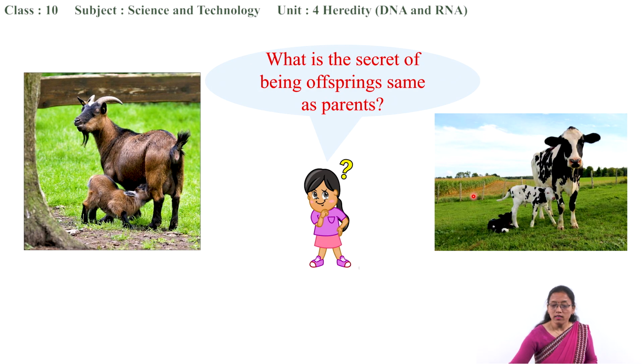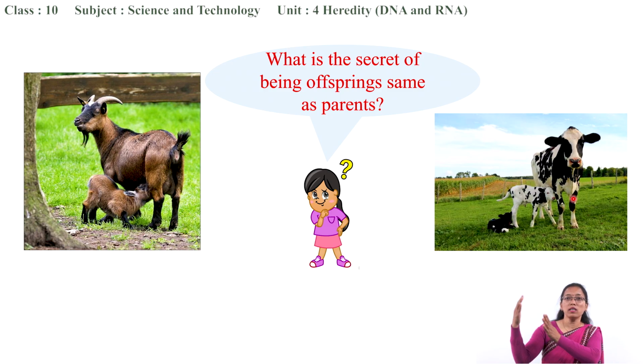Next, this girl is thinking. Always see around her: a goat is giving birth to its young one, the kid, and a cow gives birth to its young one, the calf. Similarly, a rat gives birth to its own young one.